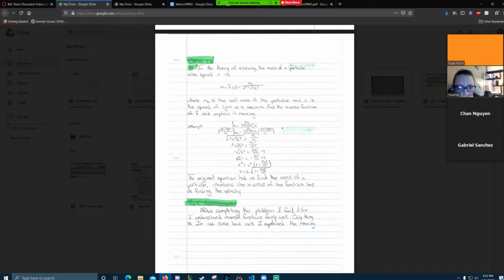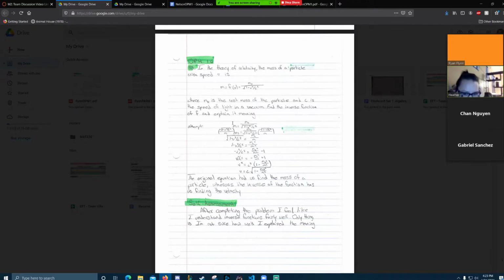When we multiply, you think of it as the square root of 1 minus v squared over c squared over m times m over 1. So the m's cancel each other out, and that's just going to be the square root of 1 minus v squared over c squared. Okay, I see, you flipped it.